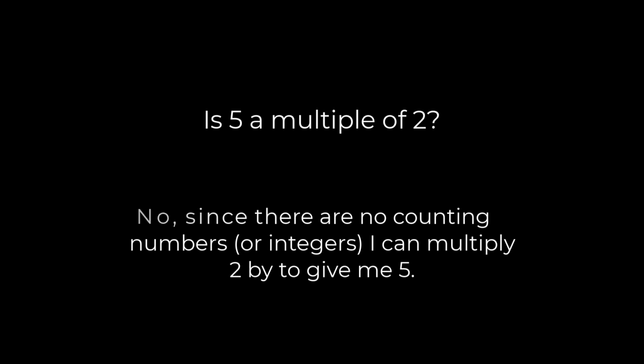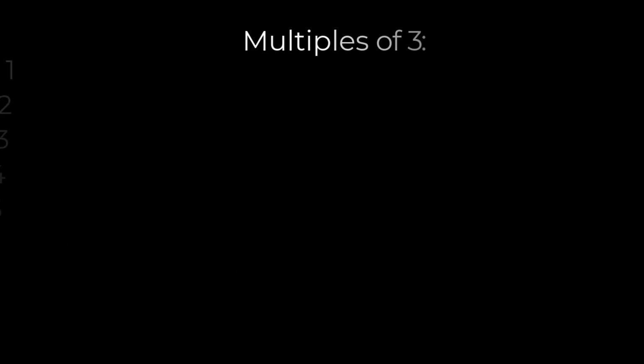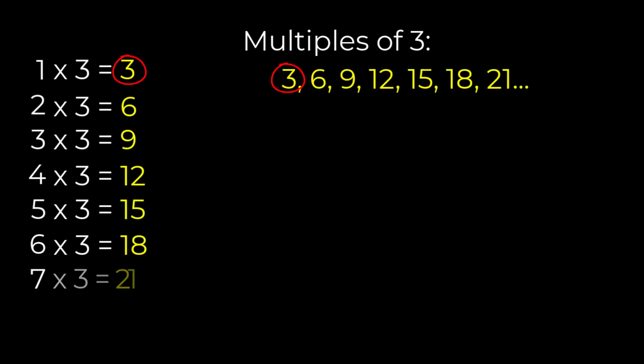Now let's consider the multiples of 3. I'll get the multiples of 3 by taking each counting number and multiplying it by 3.